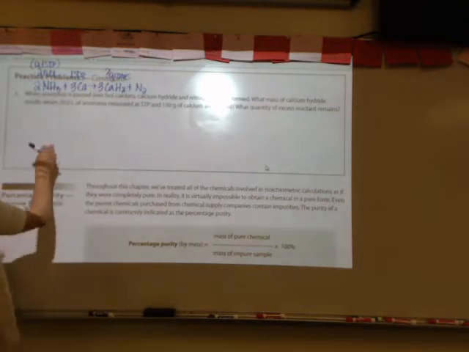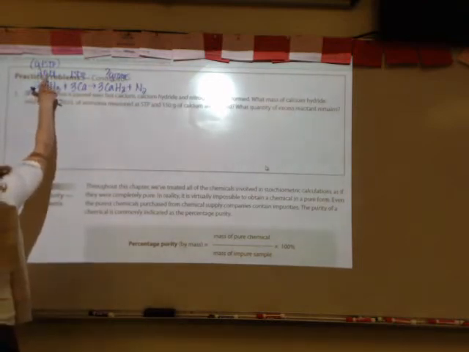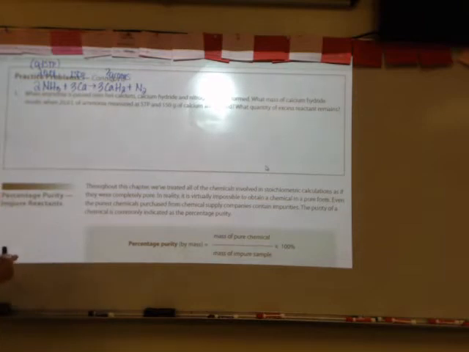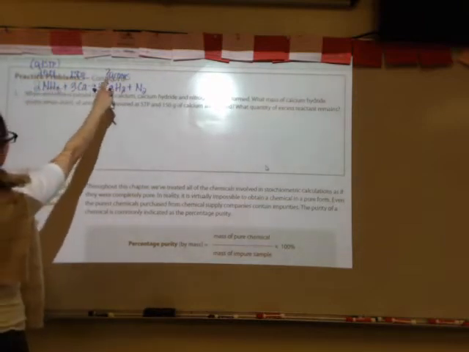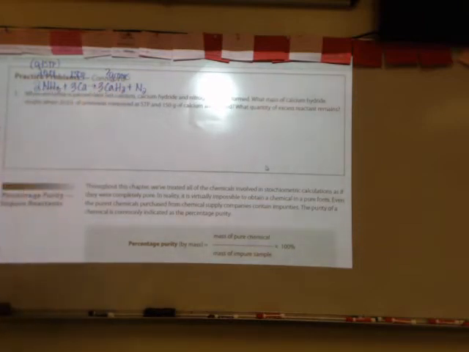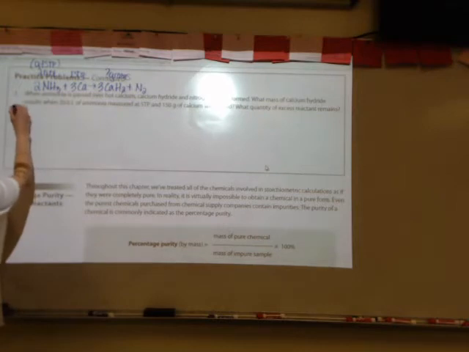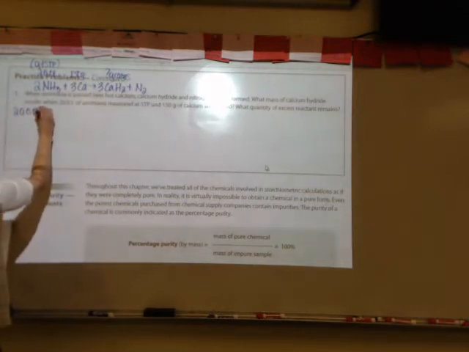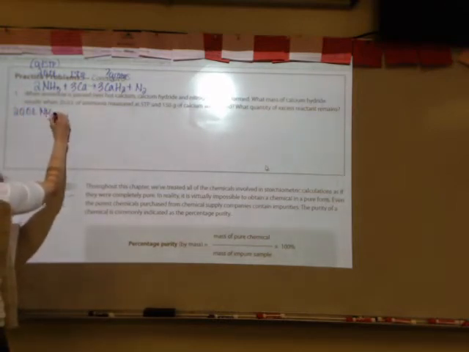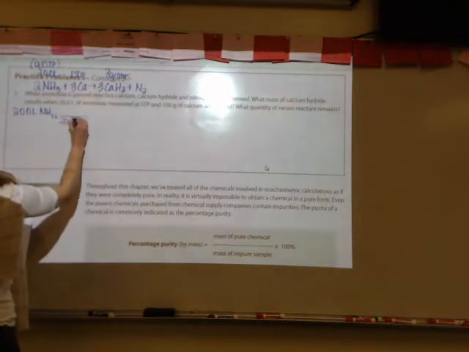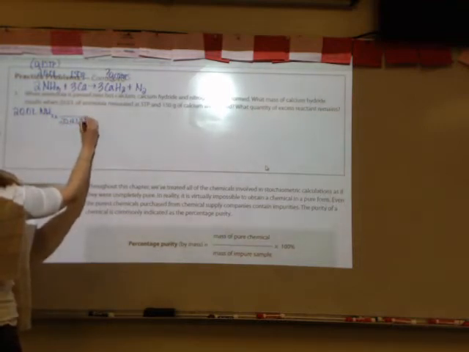What quantity of excess reactant remains? Okay, so there's a lot going on here. This is a limiting reactant problem because you're given the quantity of 2 reactants. That means you have to convert each reactant over to the product to see which produces the least amount of product. So we're going to start out with our 20 liters of NH3. We're at STP, so we can convert that to moles using 22.4 liters.